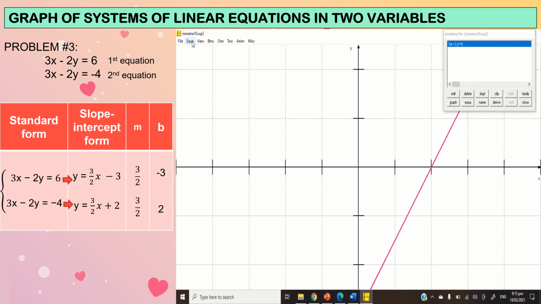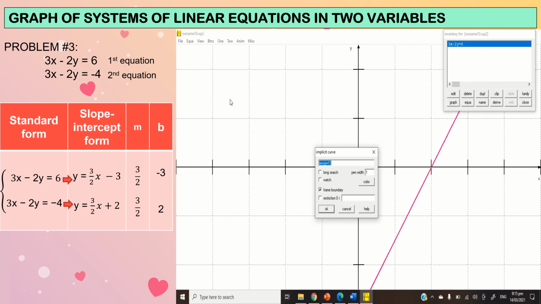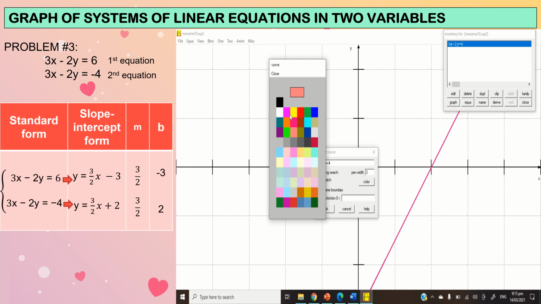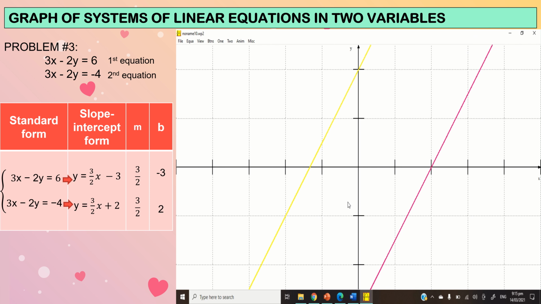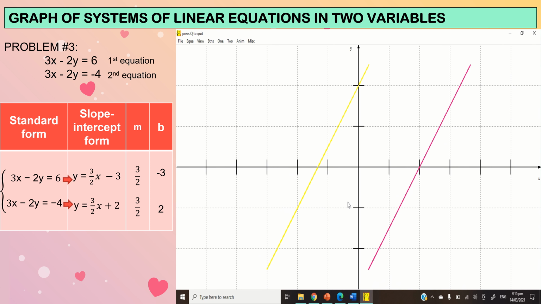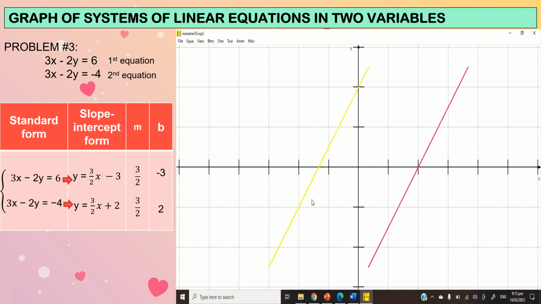Okay. Then add our second equation, 3x minus 2y is equal to negative 4. Select the color of the line. Okay, and there we have now the graph of our problem number 3.